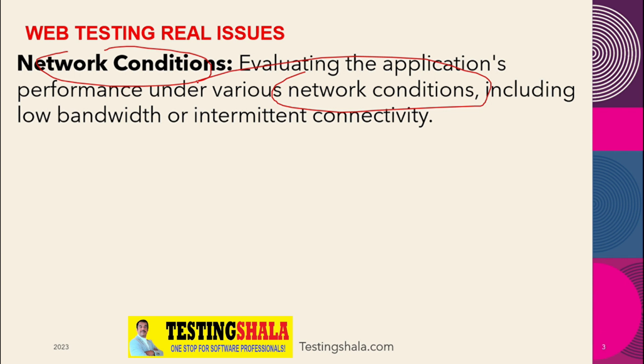If we are not doing those real-time things, then customers might face these challenges, because normally customers will be using different network conditions: 2G, 3G, 4G, 5G. Then with a lot of low bandwidth issues or intermittent connectivity, your web application will fail to be accessed.